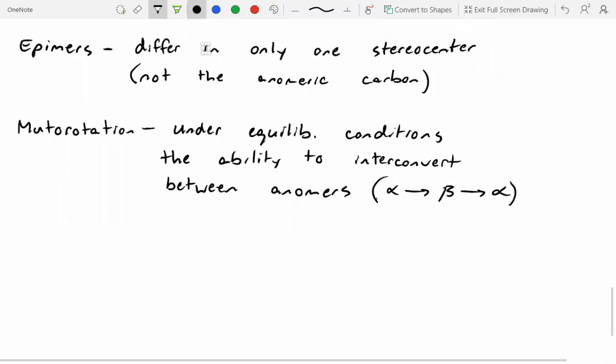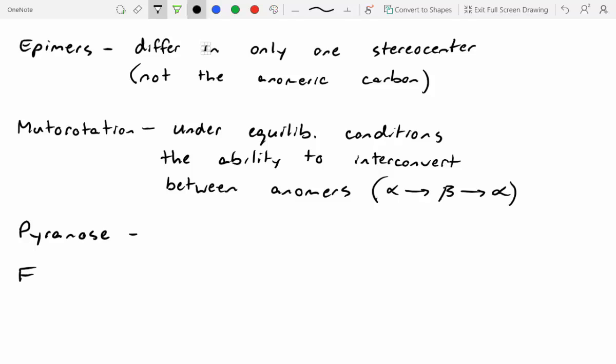All right, a couple more. There's pyranose and then furanose. What do you guys think pyranose means? Or furanose. How many of you remember from biology?